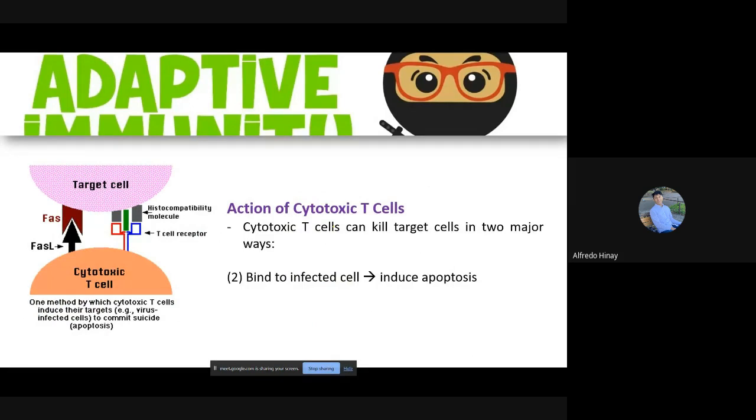Also additional with the function of your cytotoxic T cell is that if the target cell will try to express your FAS, class. So, okay, so you have your FAS and FAS ligand.